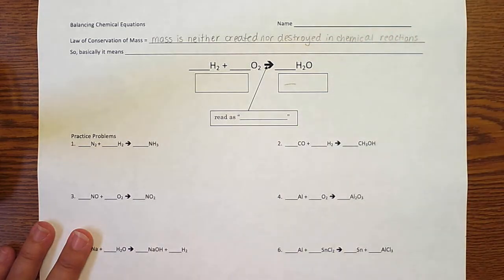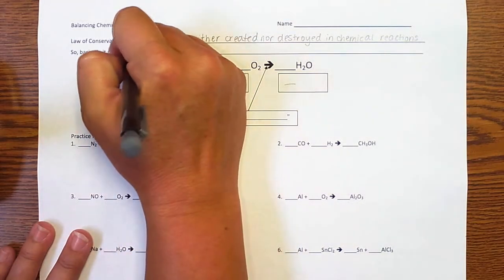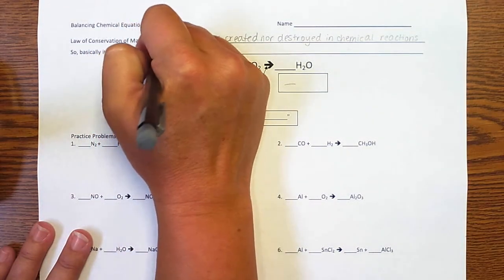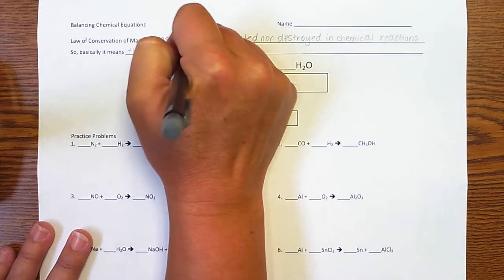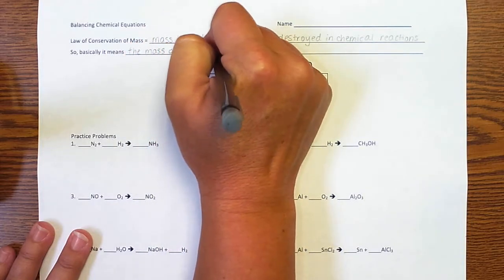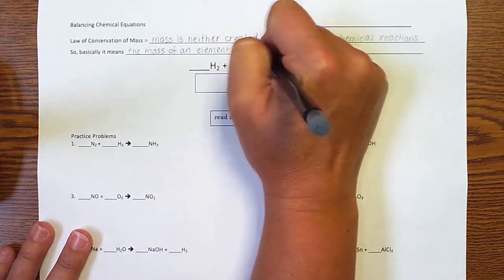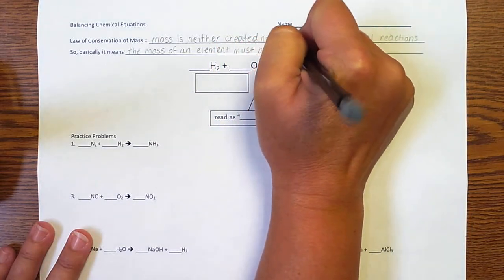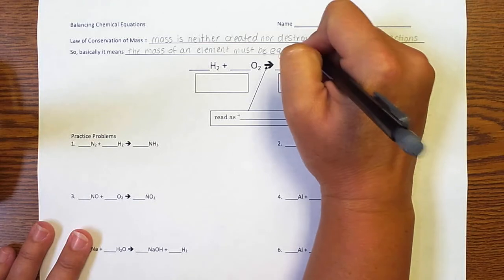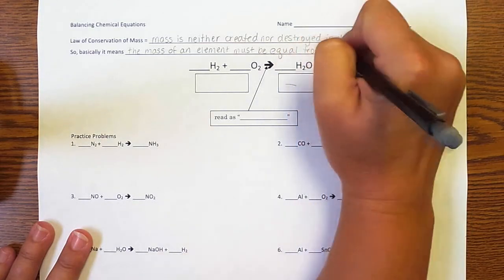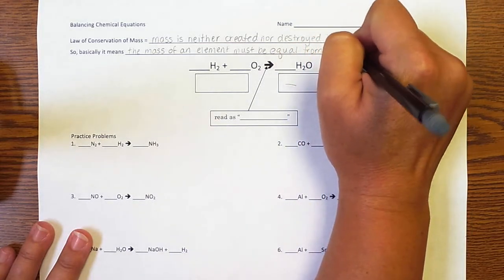What that really means is that the mass of any one element at the beginning of the reaction will equal the mass of that element at the end of the reaction. So the mass of an element must be equal from beginning to end.